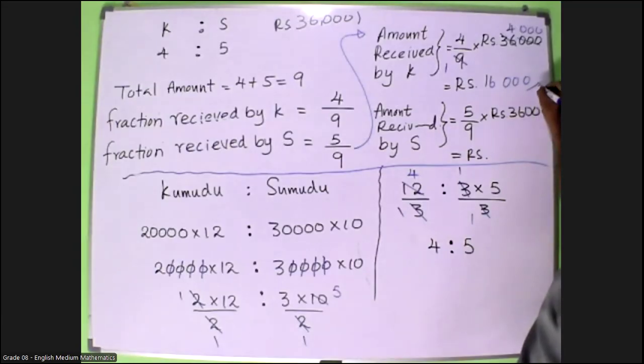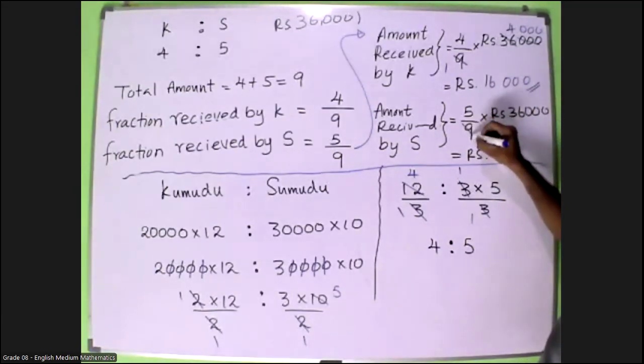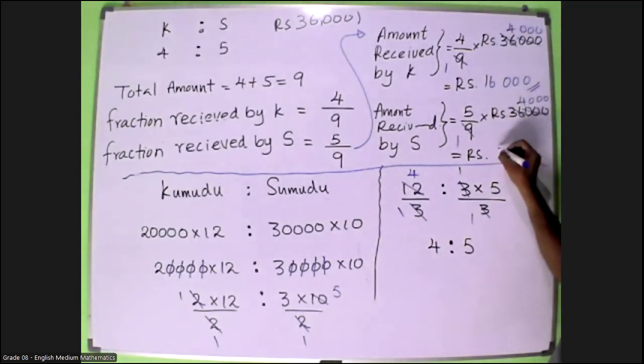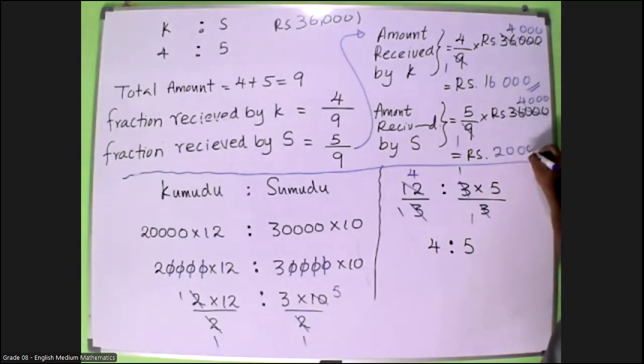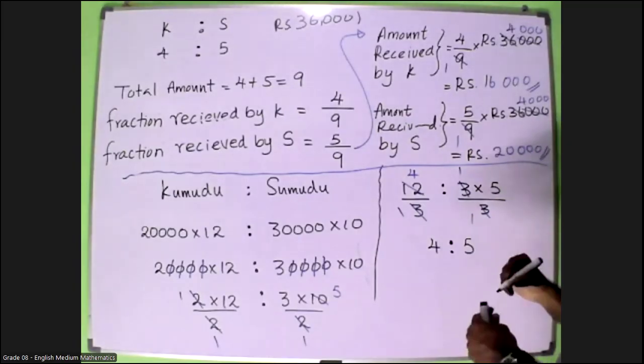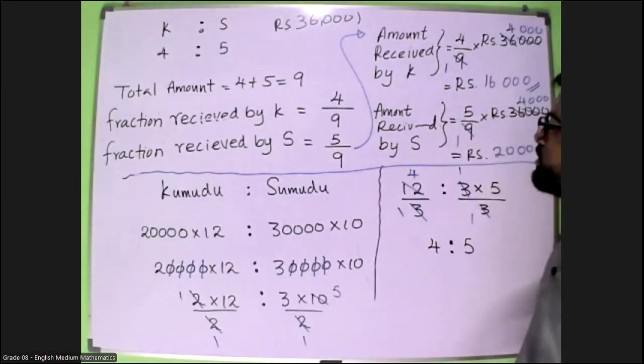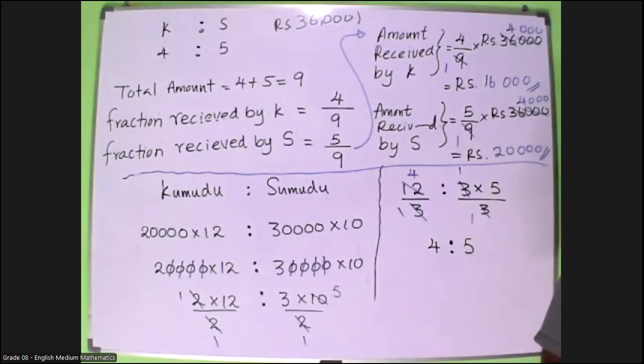Nice. Here, same. 9 times 4,000, 5 times 4,000 is 20,000. So these two should be the answer: 16,000 for Kumudu, 20,000 for Sumudu.